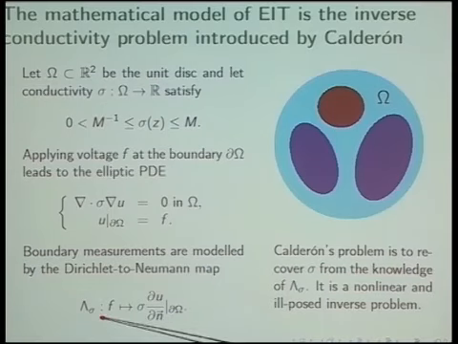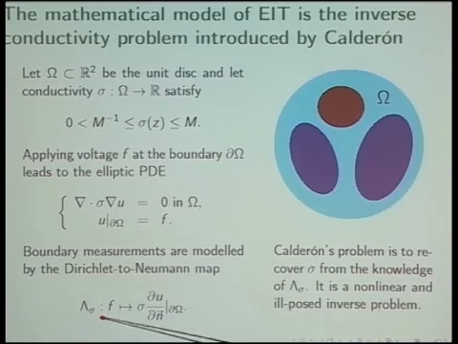Let's take a look at the history of these so-called D-bar methods. The story, of course, started with Calderon's paper. This column here is the theoretical column. These are works dealing with the infinite precision data, that is the Dirichlet-Neumann map. It started with Calderon, then there was a groundbreaking paper by Sylvester and Uhlmann, in dimensions 3 and higher, where they introduced the use of so-called complex geometric optics solutions.